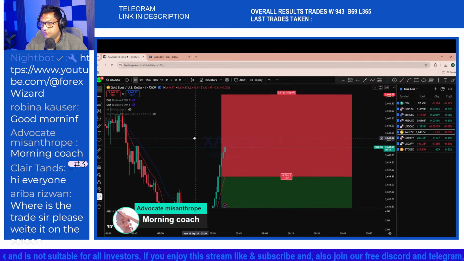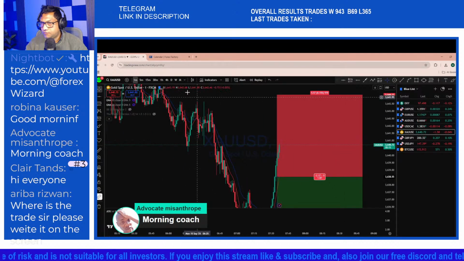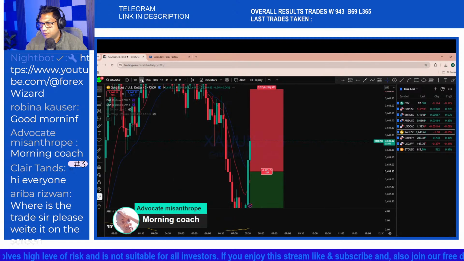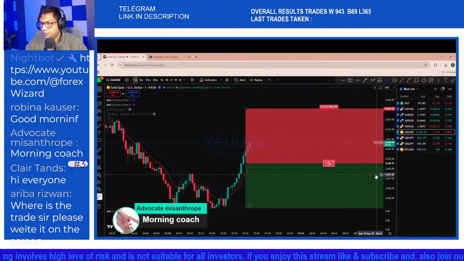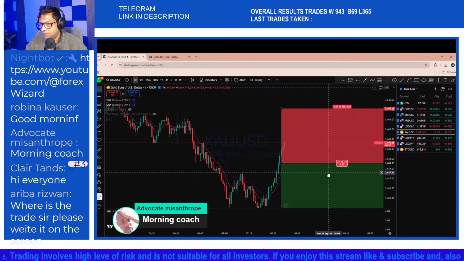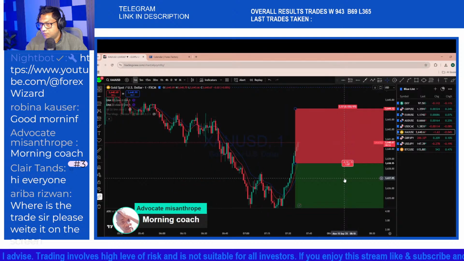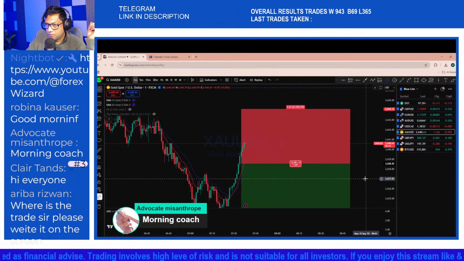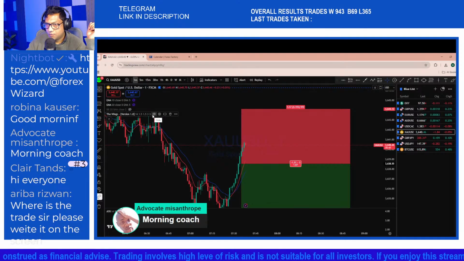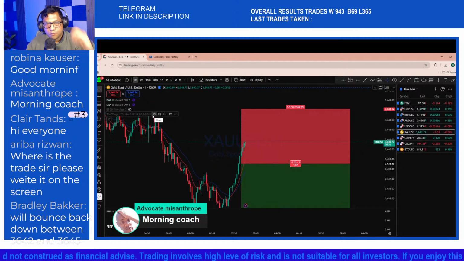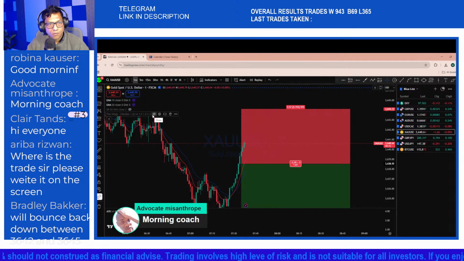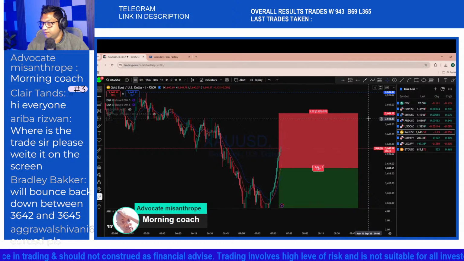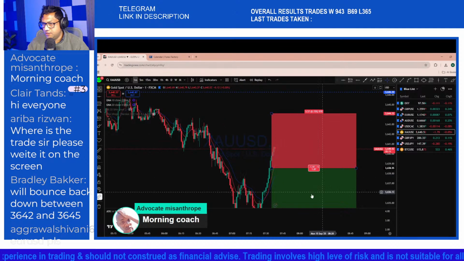And so the stop loss that I placed at 3644.12, for possible rejection back below to this support level.